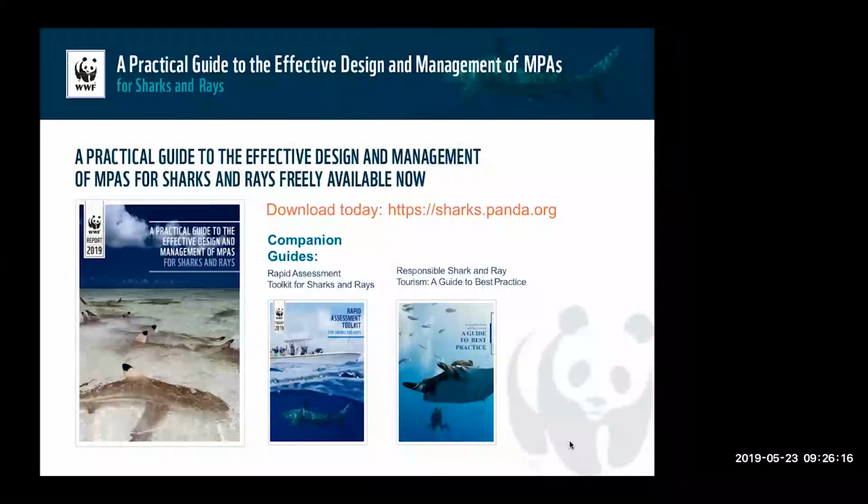But the question from the community is, what is the benefit for us if we also protect the sharks? Because all the money comes to the industrials. So that's the case. Maybe you have some experience, or it could be answered in the shark and tourism guideline, but it is also linked with the MPA for sharks guideline.